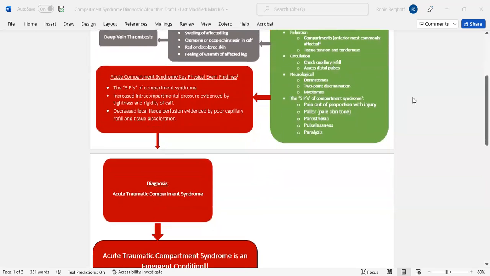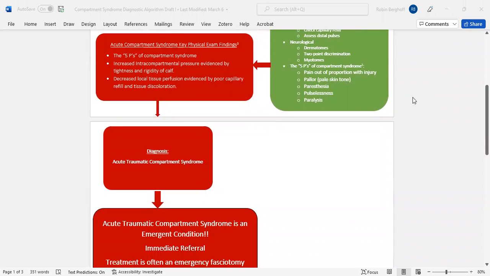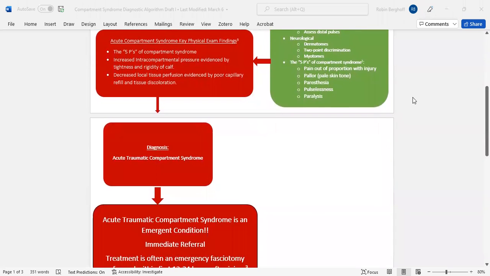So say you check their capillary refill on their big toe and it's super slow, or it's not coming back at all, you obviously want to refer them to the emergency room. So those are the key physical exam findings that you would find with acute compartment syndrome.